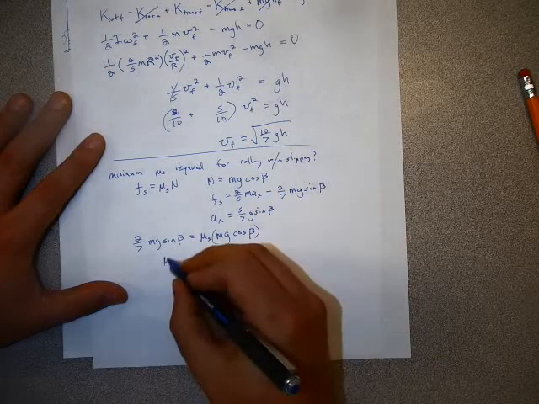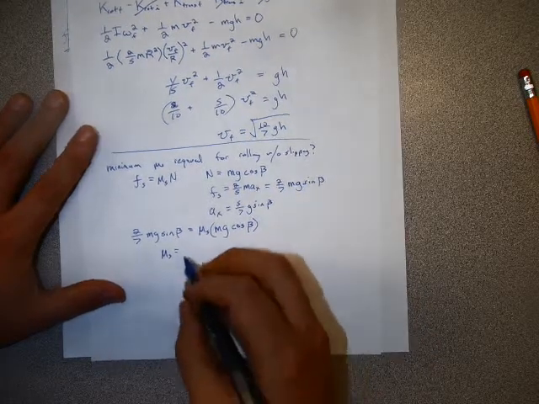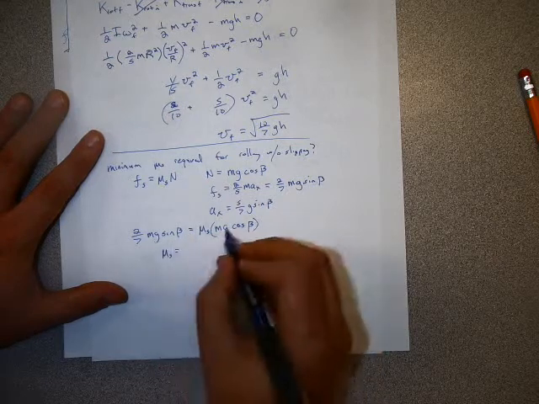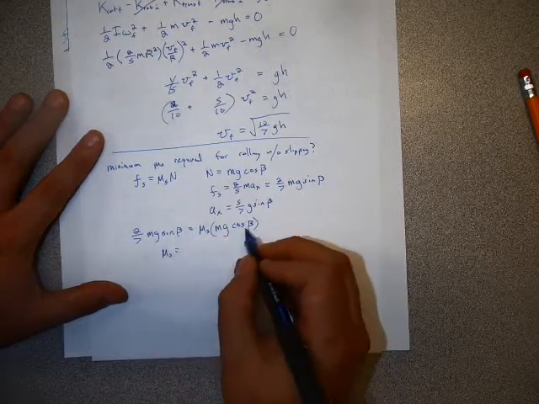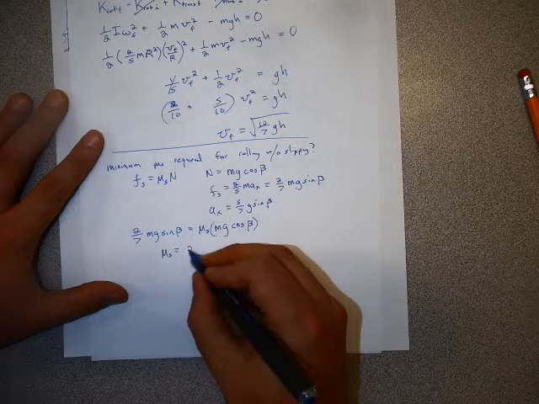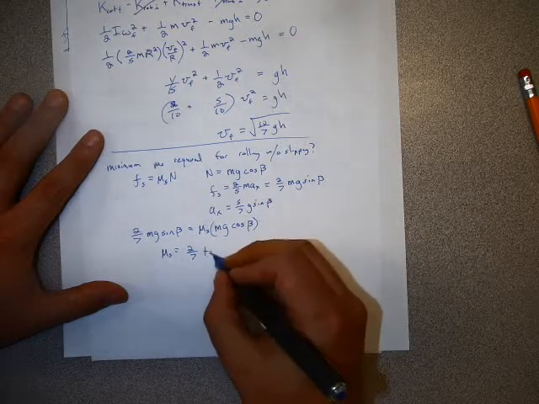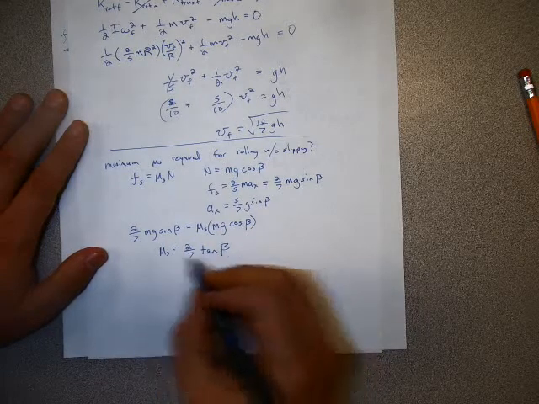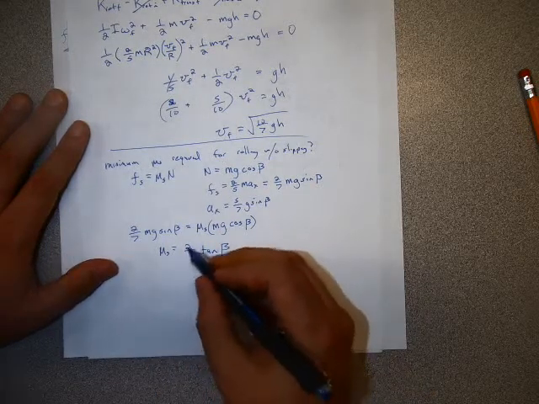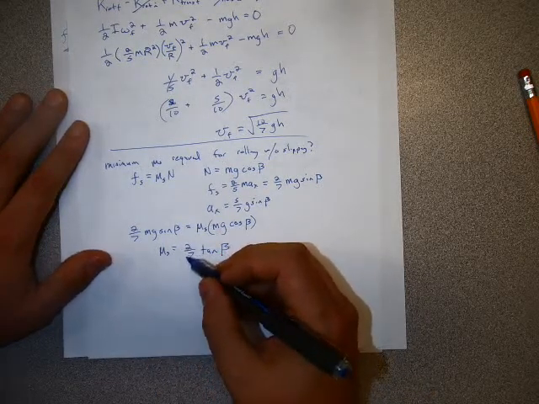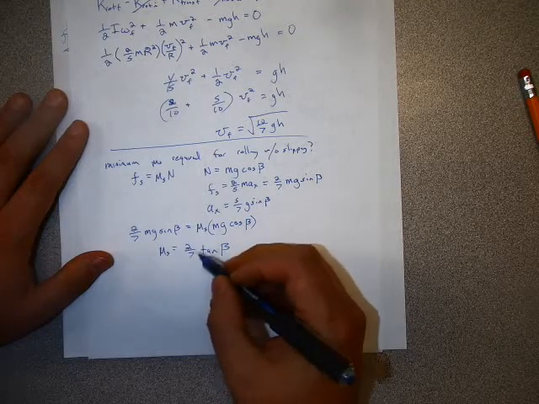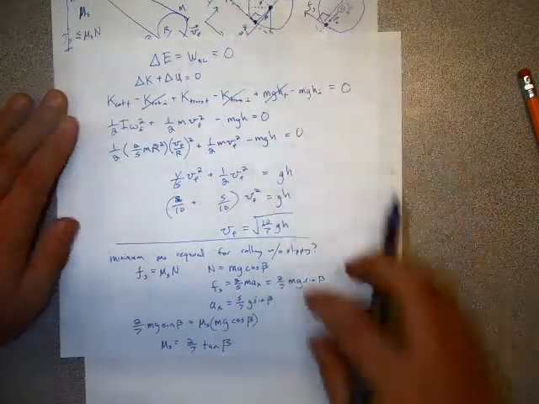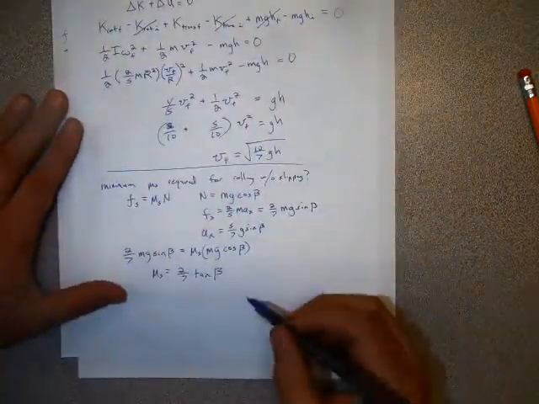So solving for mu s, we get that the mg cancel on both sides, the cosine turns into a tangent, so it's 2/7 tangent beta. The tangent beta, you might remember the mu being related to the 2/7 has to do with what's required for a sphere with this kind of a moment of inertia. So okay.